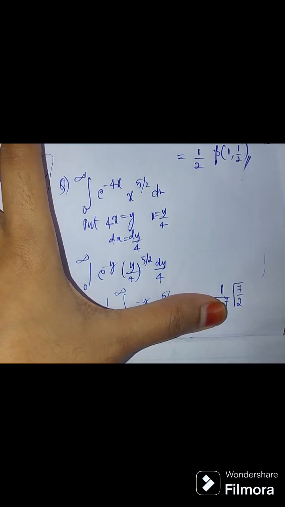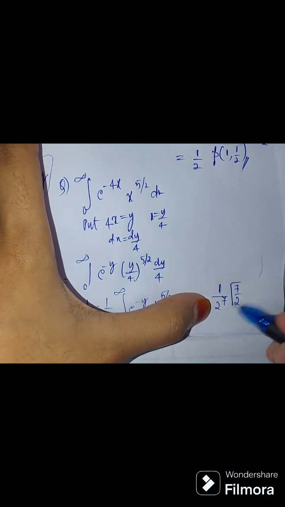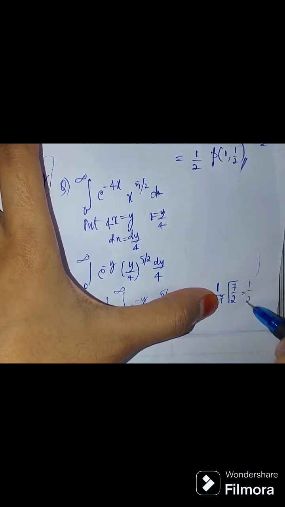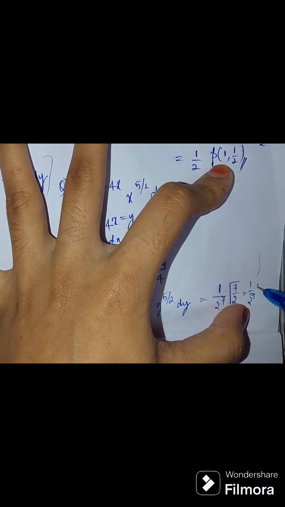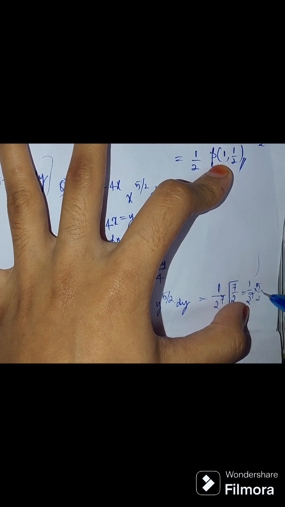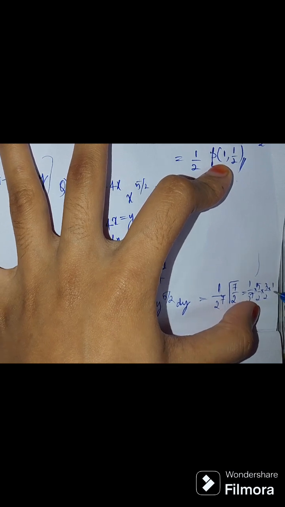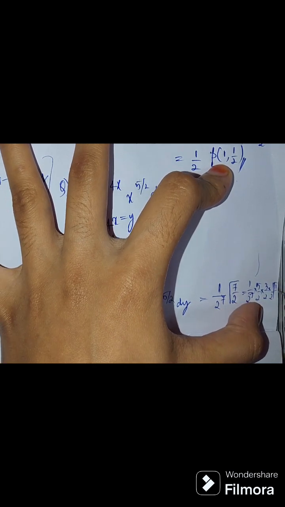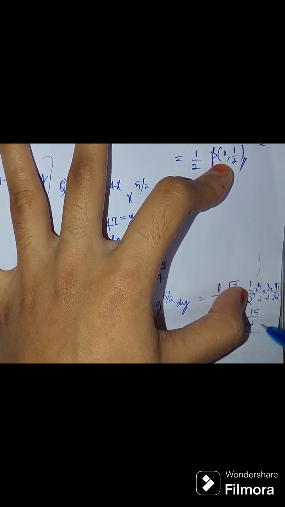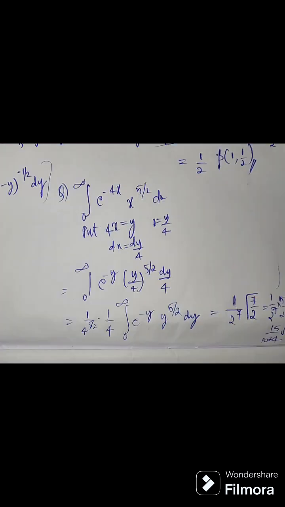And I told you how to solve gamma 7 by 2. Gamma 7 by 2 will be 5 by 2 into 3 by 2 into 1 by 2 into gamma 1 by 2, which is root pi. So if you solve this, you will be getting the answer 15 by 1024 root pi. Okay, so this is a gamma question.